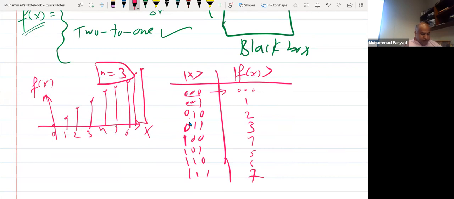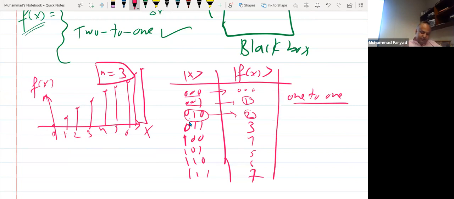And you see that each of the inputs is being mapped to a completely different output. So for example, 1 is mapped to 1, and this 1 doesn't show up anywhere else. Similarly, 2 is mapped to 2, and this 2 doesn't show up anywhere. So this is a one-to-one function, because 1 goes to only 1. But this is not the only type of one-to-one function possible. There can be another one-to-one function like this.